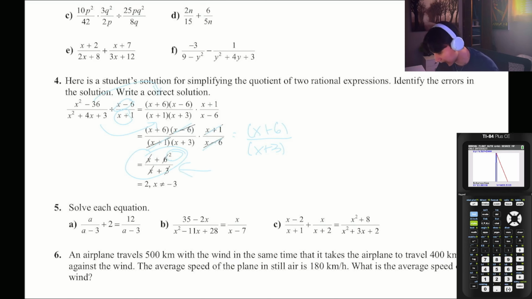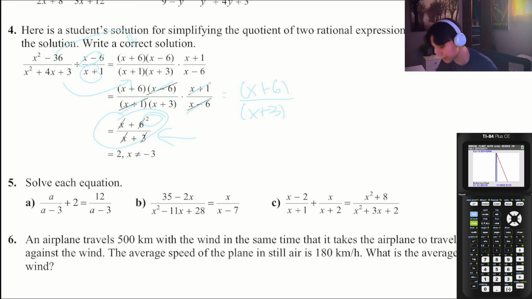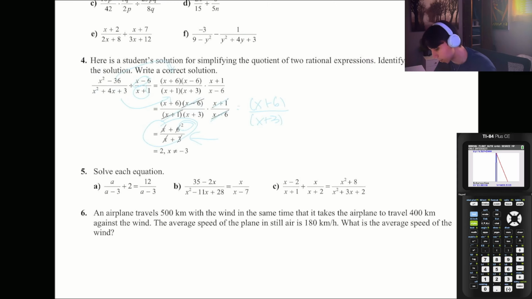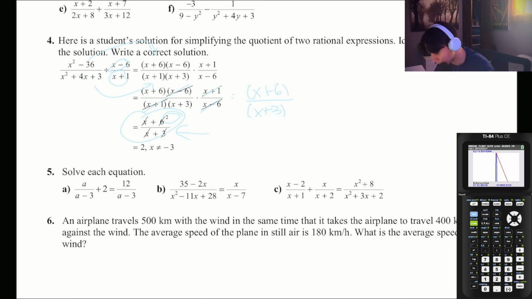Additionally, I think the NPV is right. Yeah, so the error is going to be here, and also right here, because our NPVs are more than this. Remember, we have this 1 here, so x plus 1 cannot be equal to 0, and x minus 6 cannot equal 0.